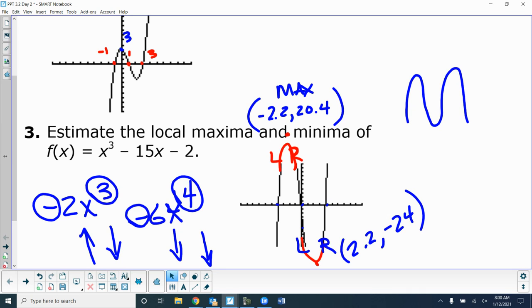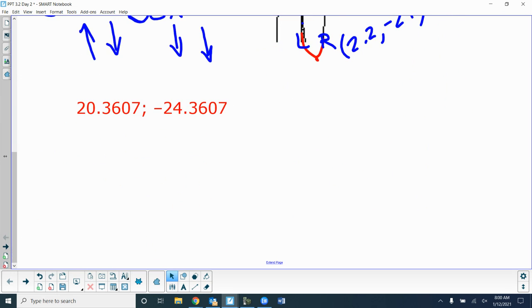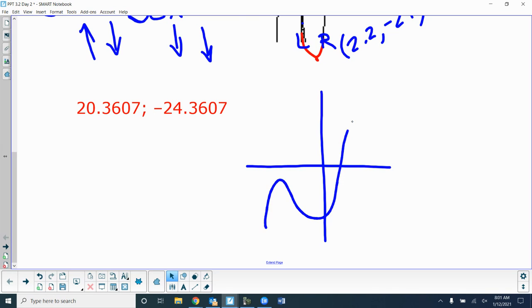Number 10, it says the following graph, and it looked like this. So there's a graph, number 10, and it looked like this. Okay? It says the following graph is the graph of a 4th degree quartic polynomial function.